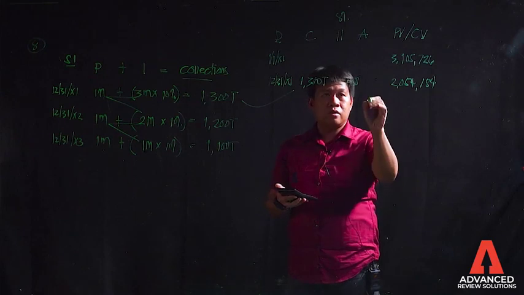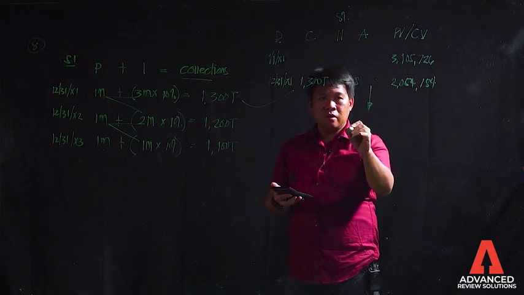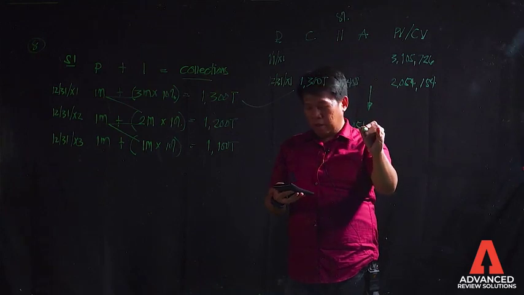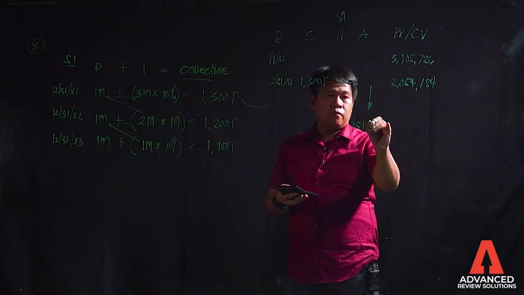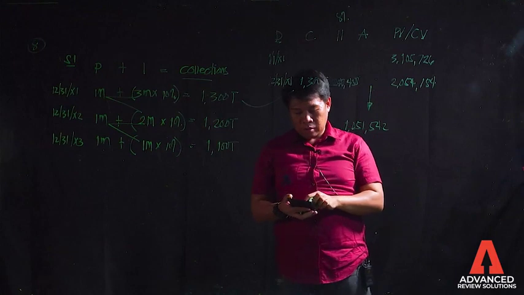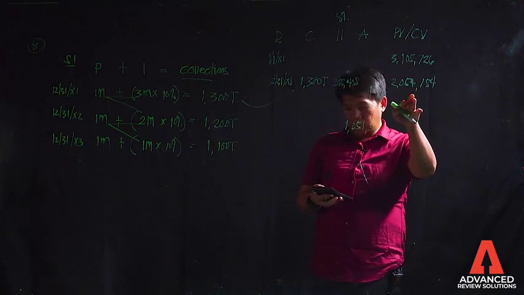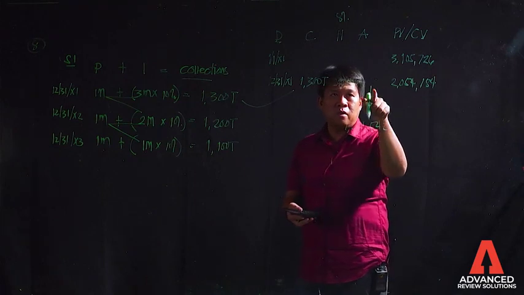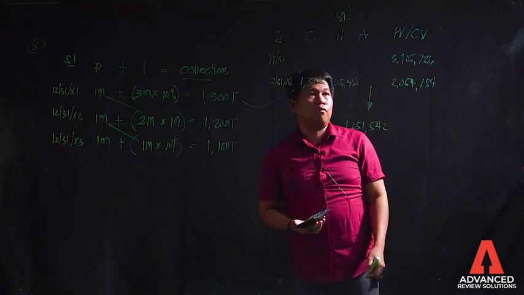So this is, baba ko lang class ha, 1,051,542. Okay? So, this is 2,054,184. Binaba ko lang class ito. This should be the 1,051,542.